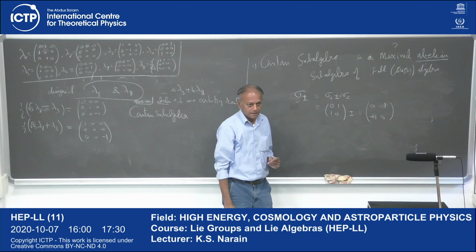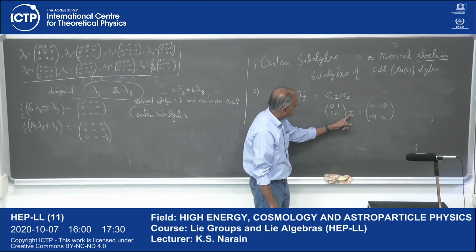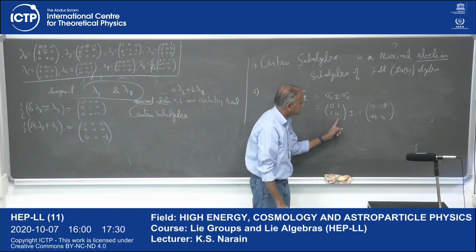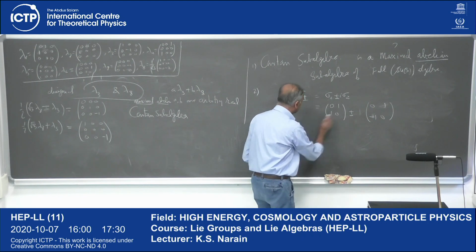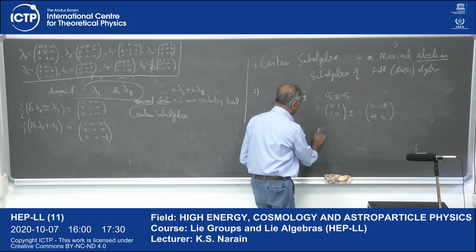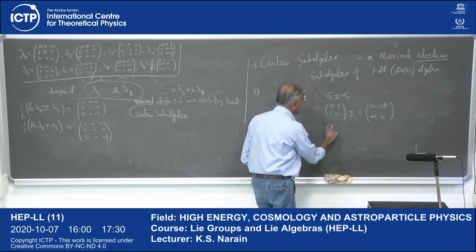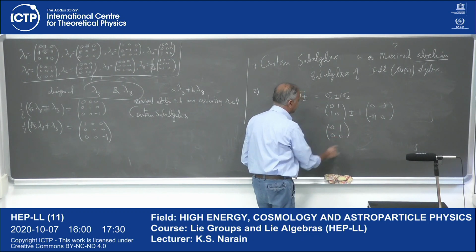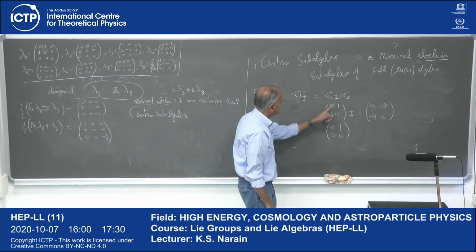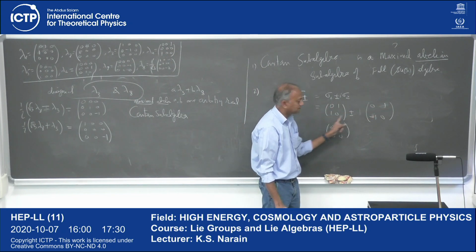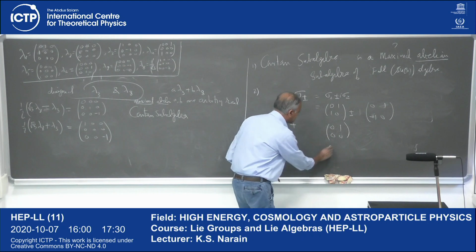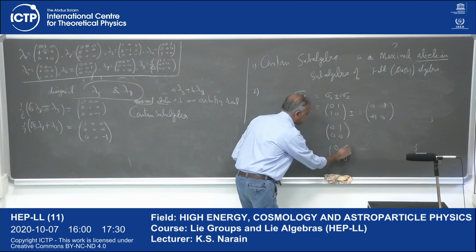Okay? So if you choose a plus sign, then the bottom guy cancels. So for the plus sign, this matrix is simply 0, 1, 0, 0. For the minus sign, on the other hand, this cancels and this adds up. So for the minus sign, you have 0, 0, 1, 0.